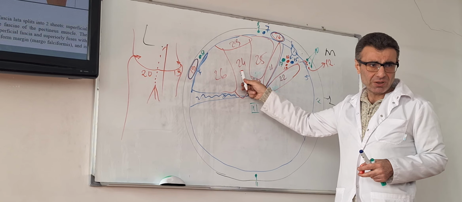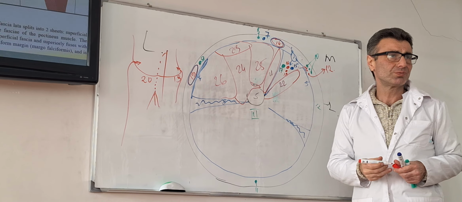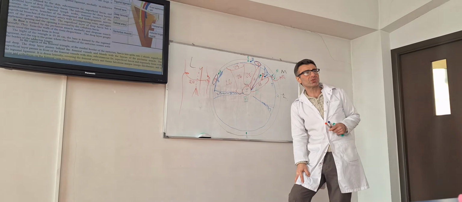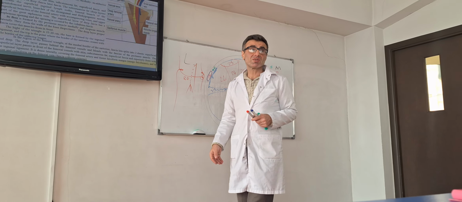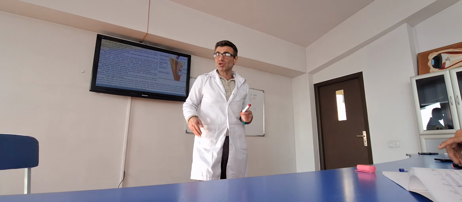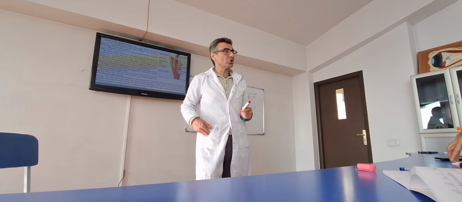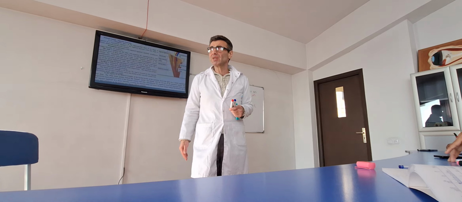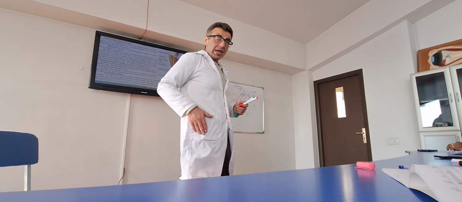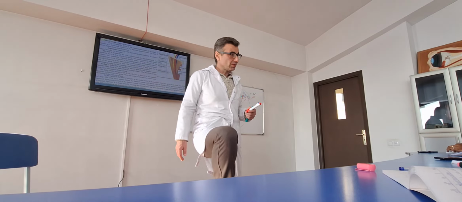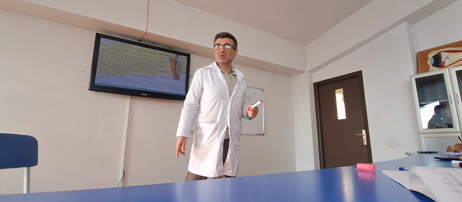This is the most powerful extensor of your knee joint. By the way, it works not only for knee extension, but also for flexion of your hip joint. So for the hip joint it is a flexor muscle, for your knee joint an extensor. The extensor for your hip joint is your gluteus maximus. This is flexion, that is extension.